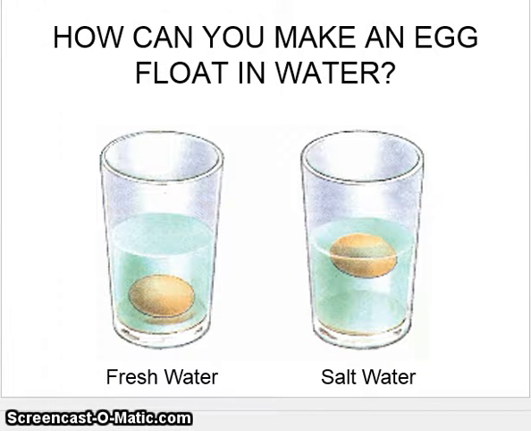comes with this question: how can you make an egg float in water? If you ever tried it, regular eggs will actually sink in fresh water, but if you put them in salt water, they'll actually float. And this is because a solution has a higher density than the regular solvent.